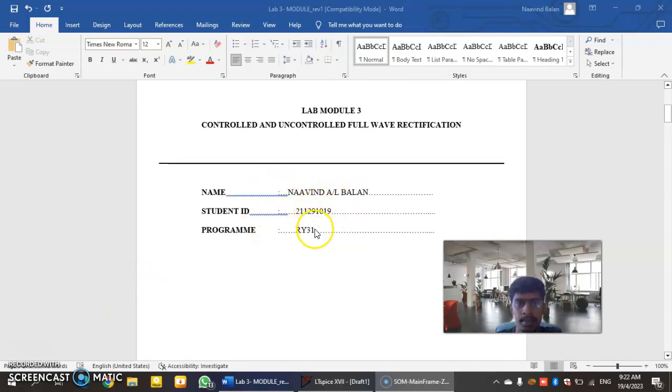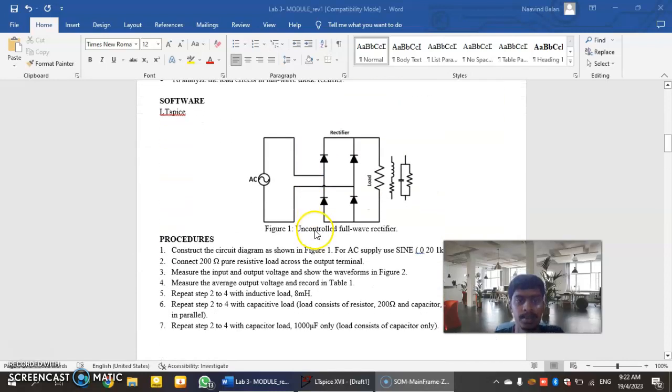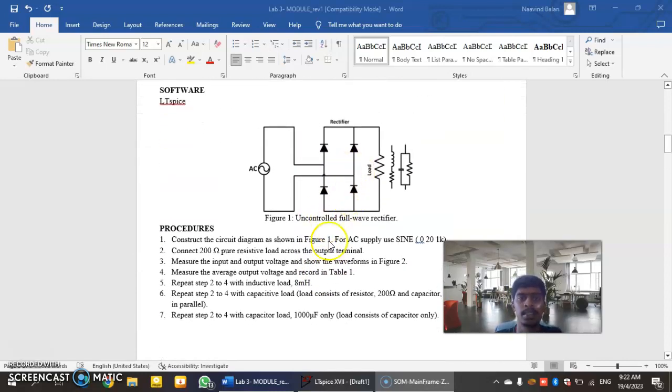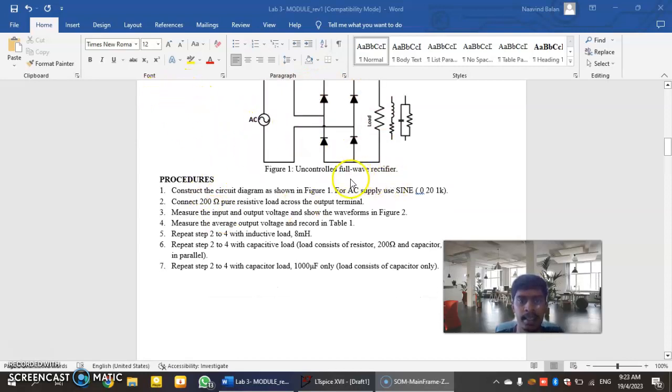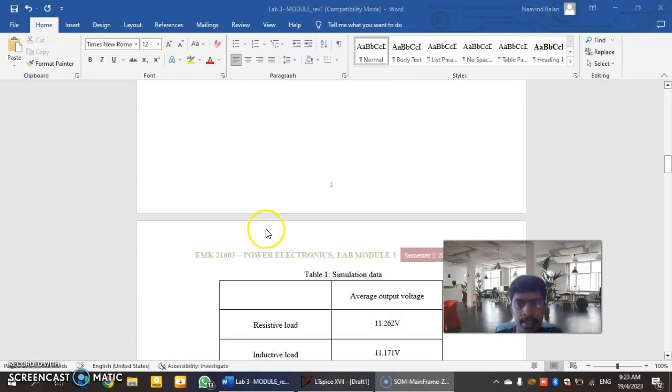Today I constructed a circuit based on this on LTspice software, and the results for the resistive load, the inductive load, and the capacitive load. I found the input and output voltage and the average voltage below.